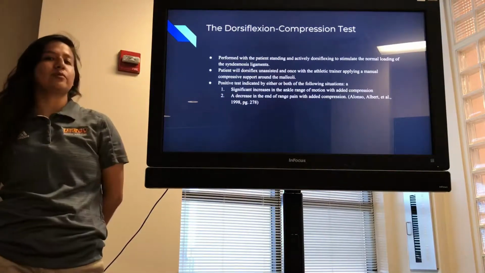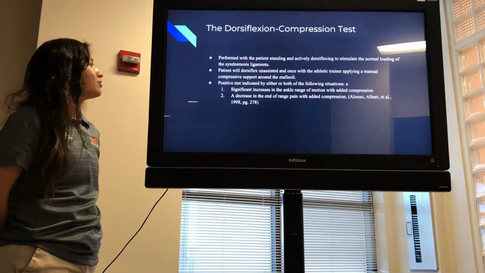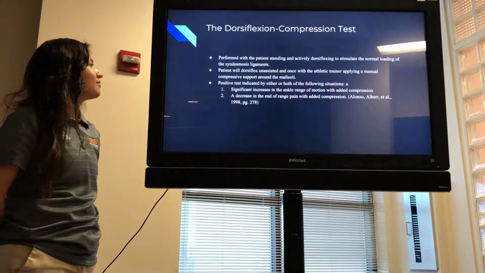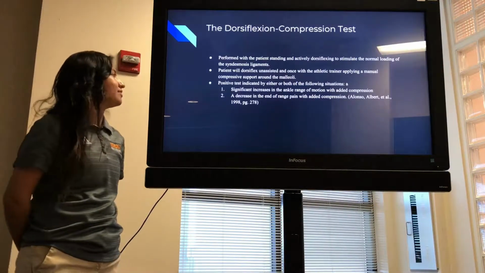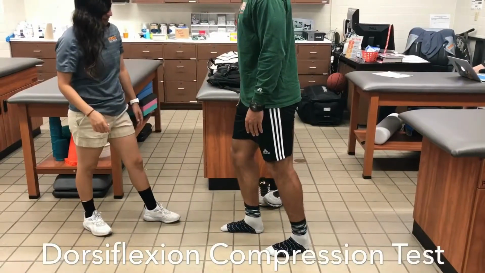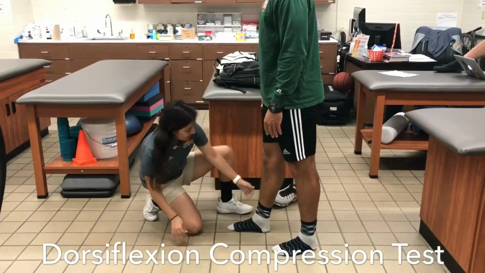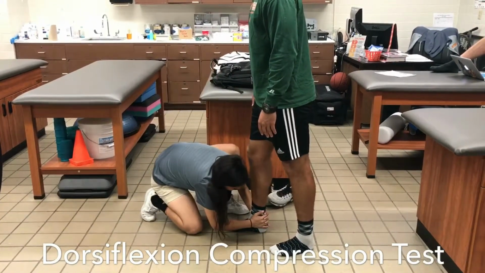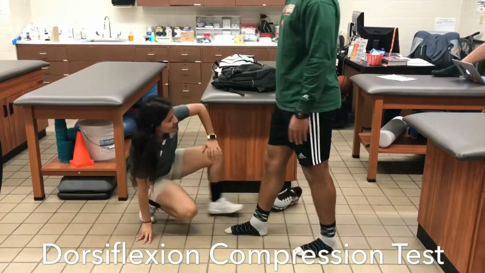The positive test will indicate if there's a significant increase in ankle range of motion with added compression and a decrease in end-range pain with added compression. You'll have the athlete dorsiflex as you observe the range of motion. Once recorded, you'll have the athlete relax and apply pressure to the malleoli while having the athlete dorsiflex again. If range of motion increases, it's a positive test.